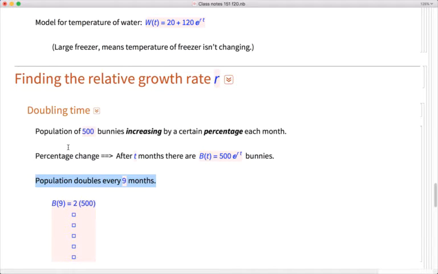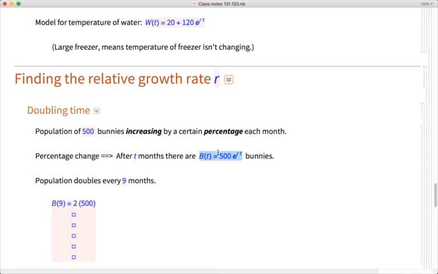We start with 500 bunnies, and the units of time here are months, and the formula for the number of bunnies is 500, the initial, e to the RT, and we're told that the population doubles in 9 months.